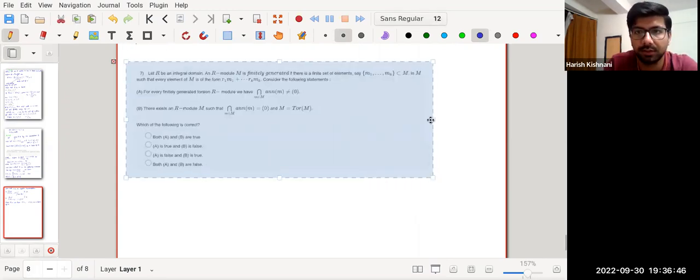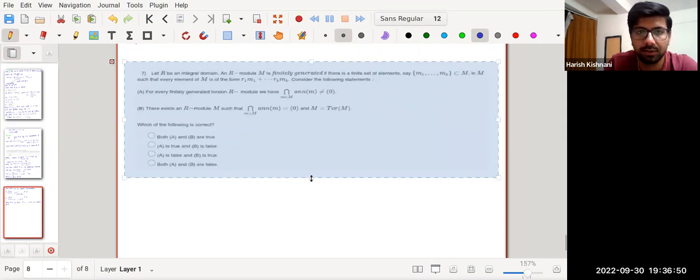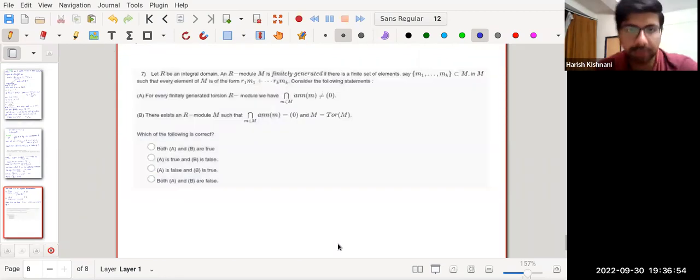Let us try to see. So R is an integral domain, and we are given a module M which is finitely generated, and we need to see whether the following two statements are correct. So for every finitely generated torsion R module, we have the annihilator of M to be non-zero.